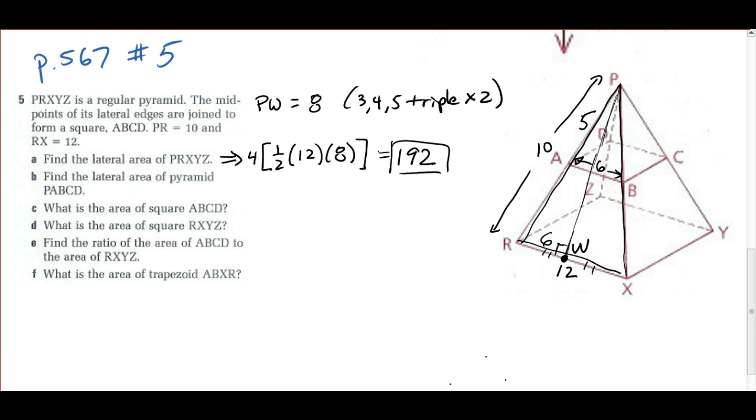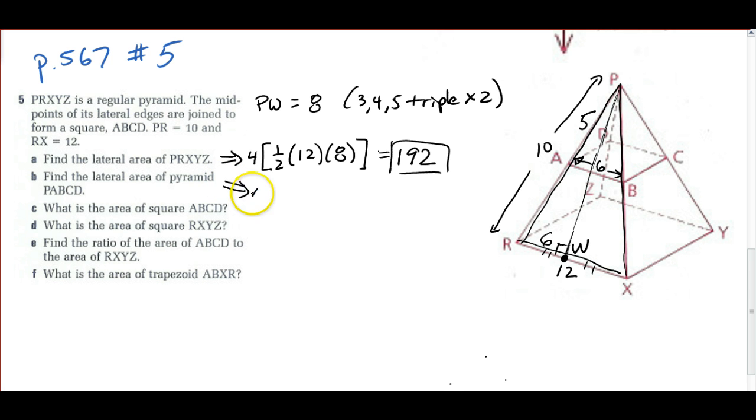Now we want to find the lateral area of the small pyramid on top. Since the two pyramids are similar, the corresponding sides are in a ratio of 1 to 2, so their areas would have to be in a ratio of 1 to 4. I could divide 192 by 4, but we'll go ahead and calculate it.